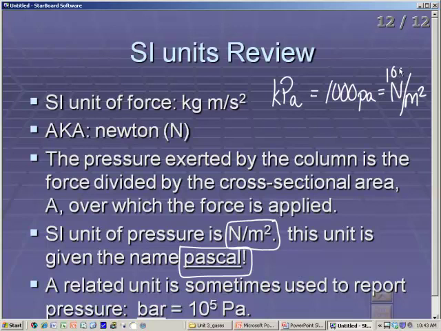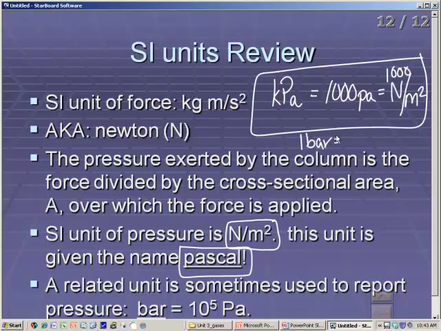So this would be 1,000 Newtons per meter squared. This is how we get to that particular formula. A related unit is sometimes used to report pressure, called a bar. You also need to know that 1 bar is equal to 10 to the 5th pascals, Pa.